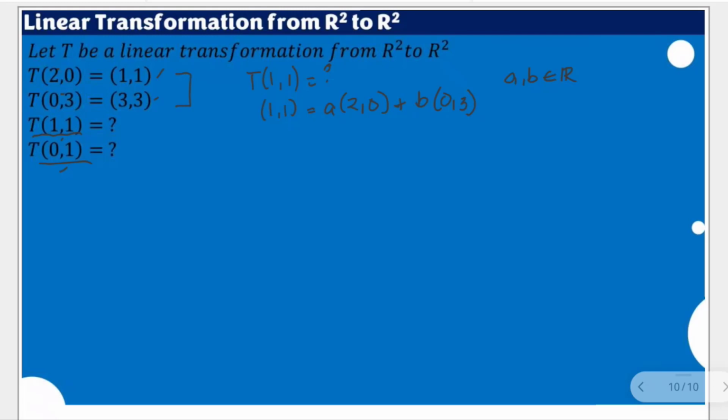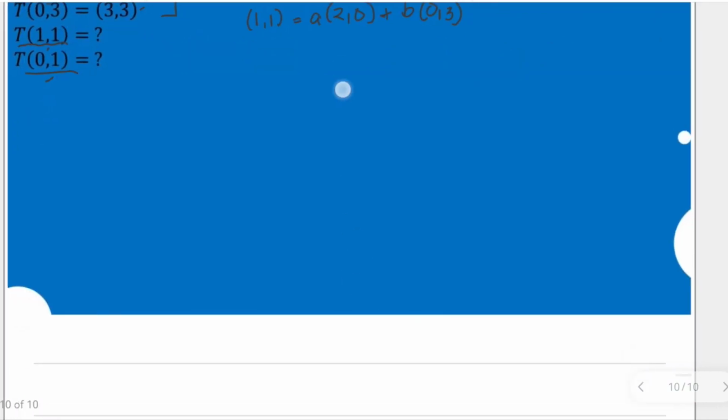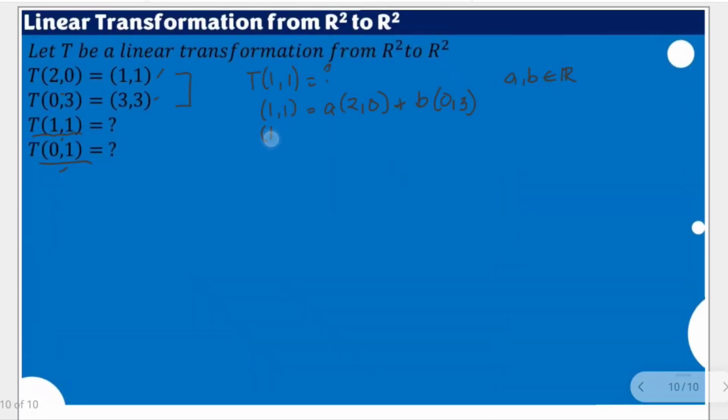So I have here 1 and 1. Multiplying that, we have 2a, and a times 0 is 0, plus b times 0 is 0, and you have here 3b. And then you have (1, 1) is equal to (2a plus 0, 0 plus 3b).